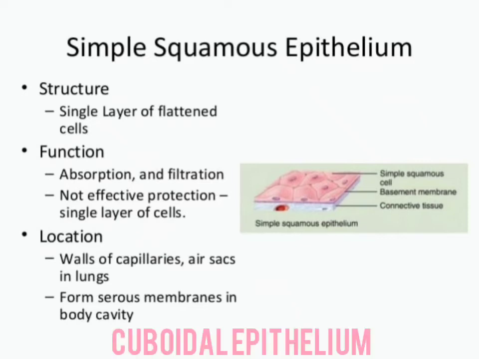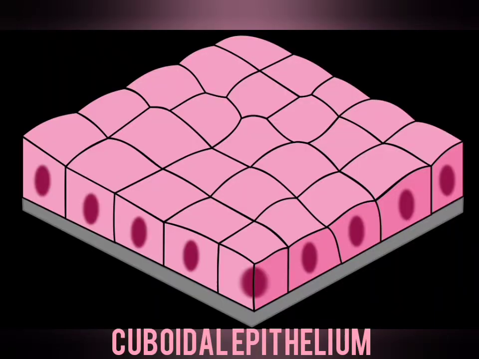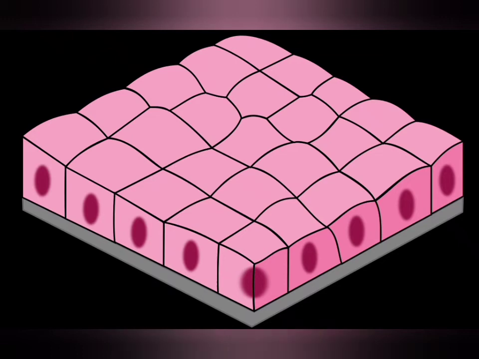Now, cuboidal epithelium. The epithelium is made up of compactly arranged cells which appear square in vertical section and polygonal in surface view. The nucleus is rounded and centrally placed. Microvilli may occur on the free surface for increasing absorptive area. Cuboidal epithelium is of two types, simple and stratified.